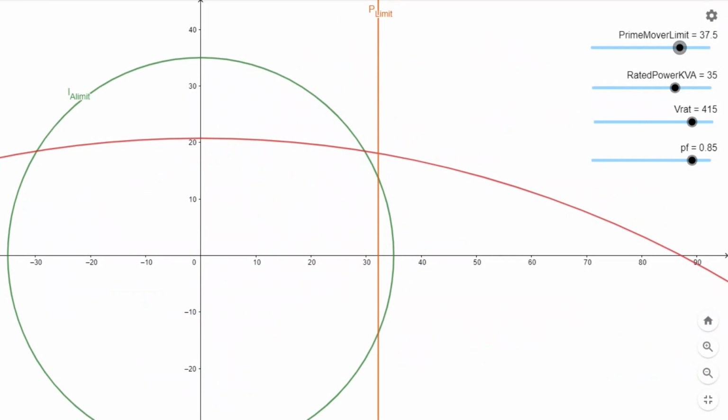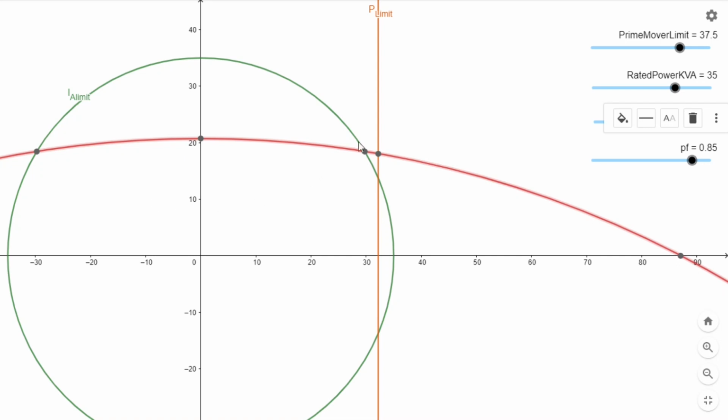So there now we have what we call the capability curve of a particular machine. And here we can see the three limitations that we have talked about. So here IA limit is the limit of the stator current. Here IF limit is the limit of field current or voltage, internal generated voltage.